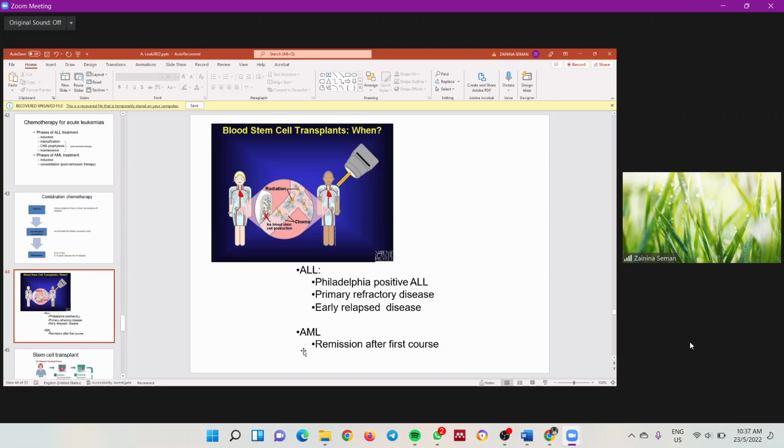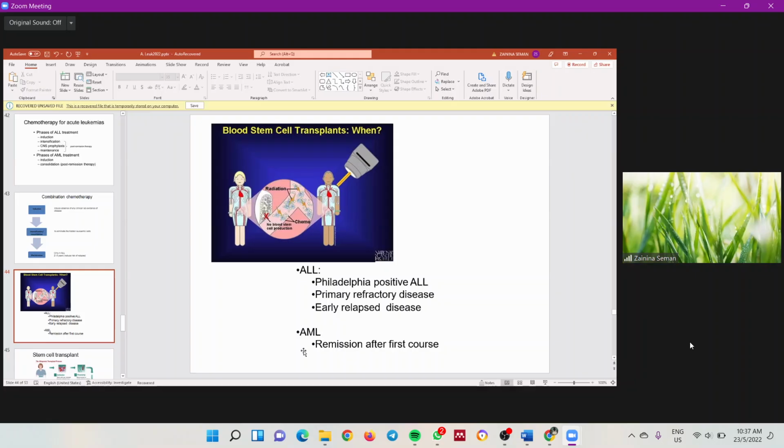If the patient falls into a very good prognostic group, this group of patients might just go on the normal path of treatment. But if the patient has poor prognostic factors, we might need to plan a more aggressive treatment for the patient.